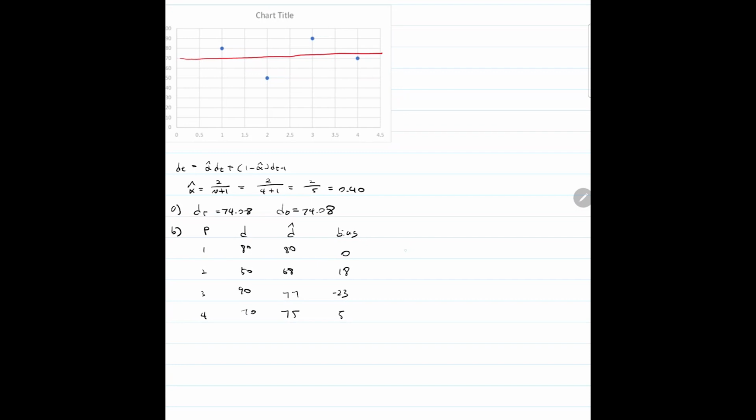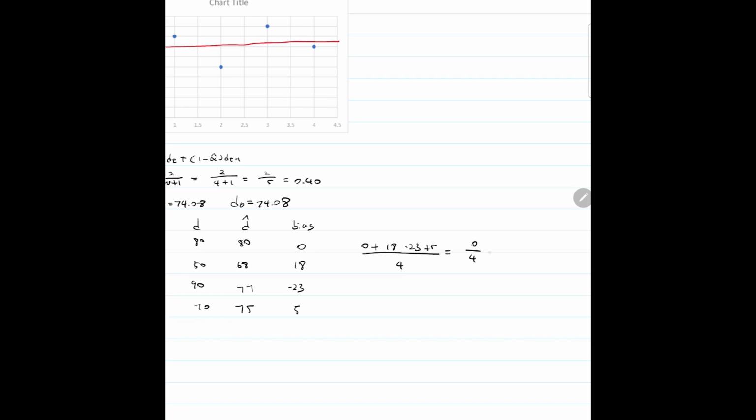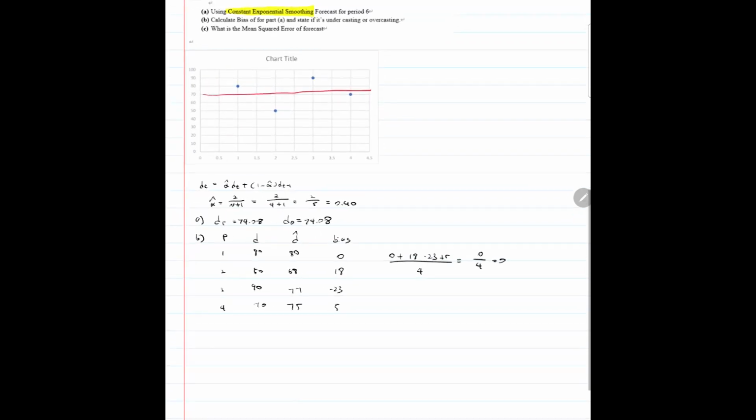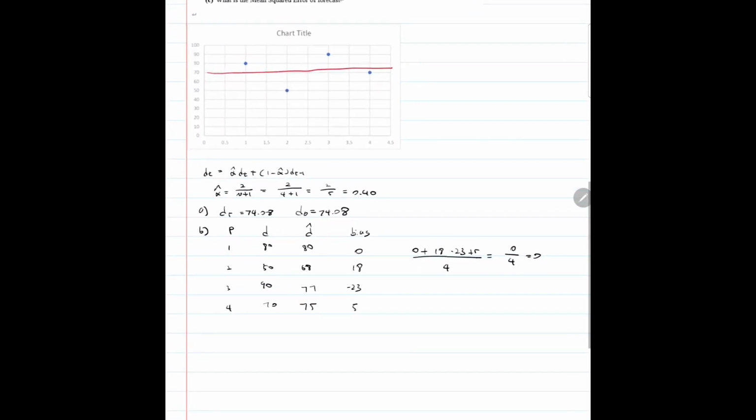We want to know the average of this one, which comes out to be 0. So we can say this data is really reliable.